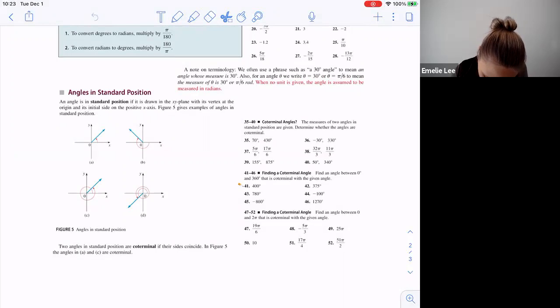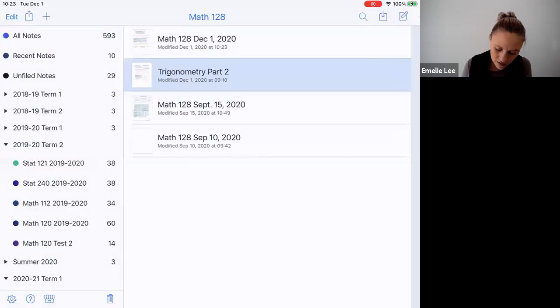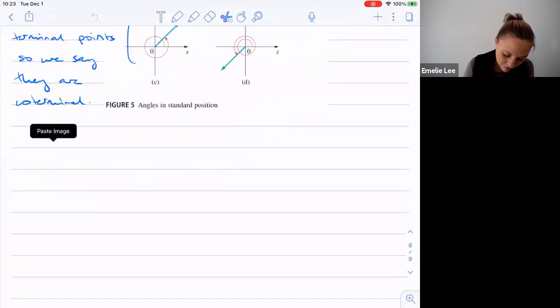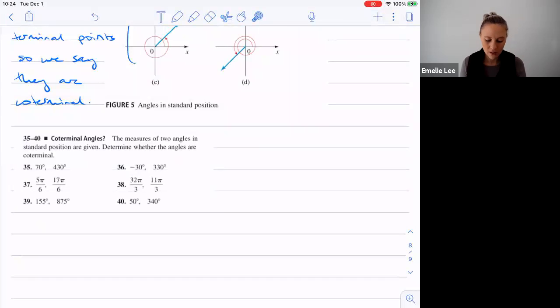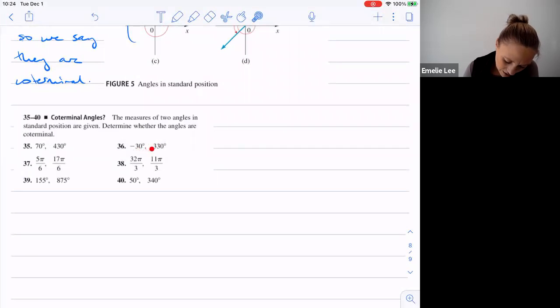Let's do just one of these, seeing if two angles are coterminal, meaning they just have the same kind of core angle, right? Okay. So we're dealing a lot with degrees. Notice that if it has a degree mark, then of course we're working in degrees.